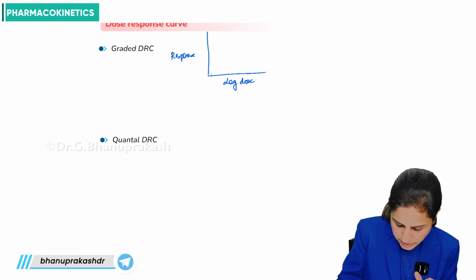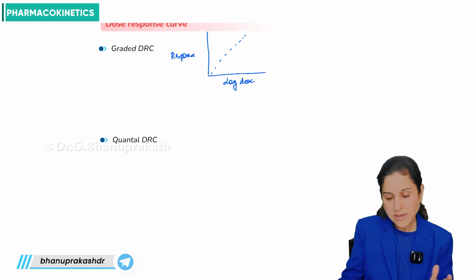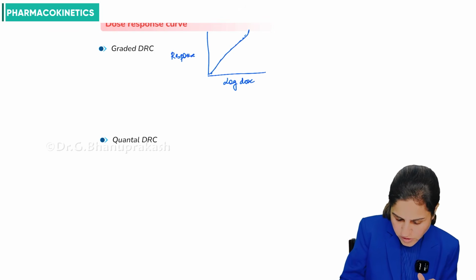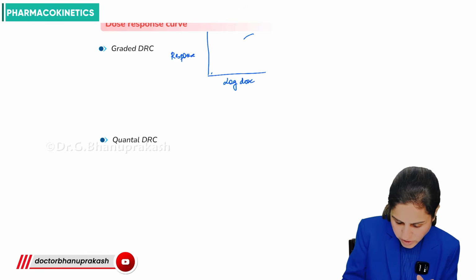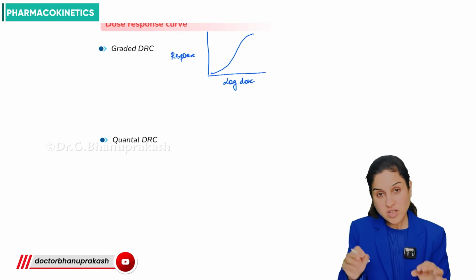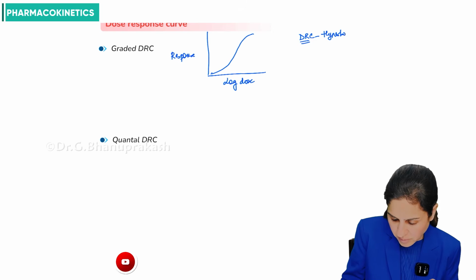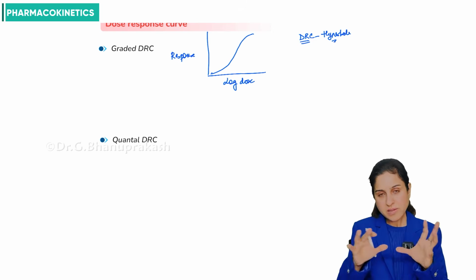That is the log dose response curve. Ideally the shape is, what is the shape? We say it is a sigmoid shape. If it is a dose response curve only, then the shape is a hyperbola, but this is an S-shaped or sigmoid curve.